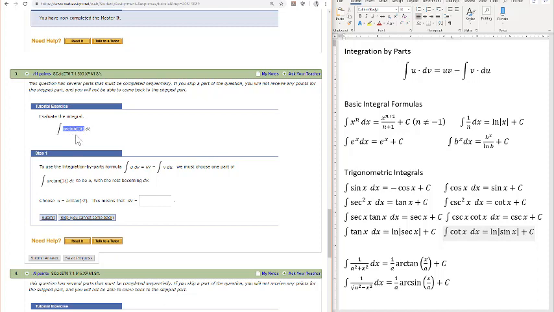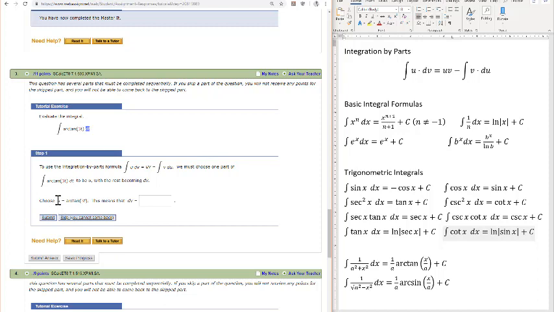And so by using integration by parts, we're going to split this up into two different functions, one that we can integrate and one that we can take the derivative of. Now we can take the derivative of anything, but we can't integrate everything. So we'll take u equal to the arctan of 3t, and then dv is going to be dt.